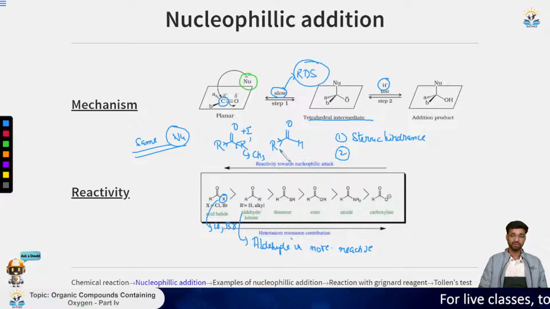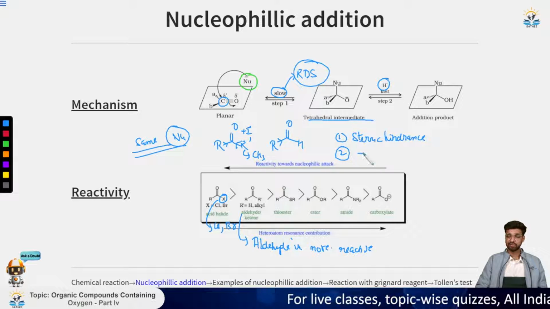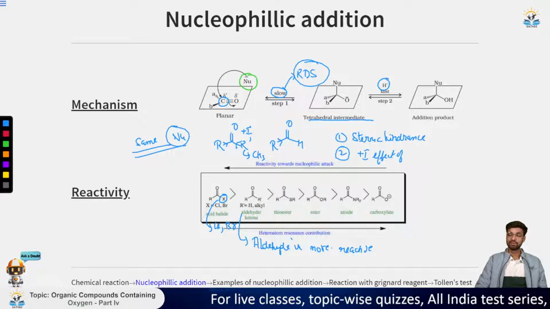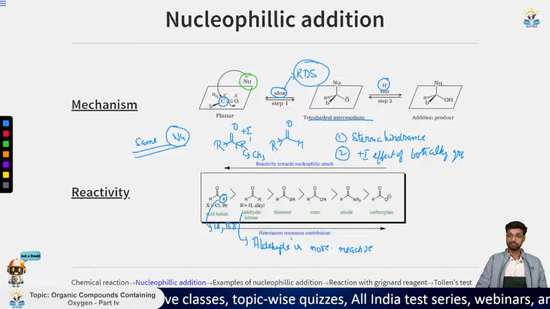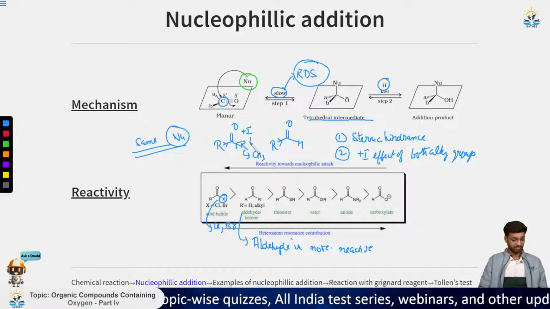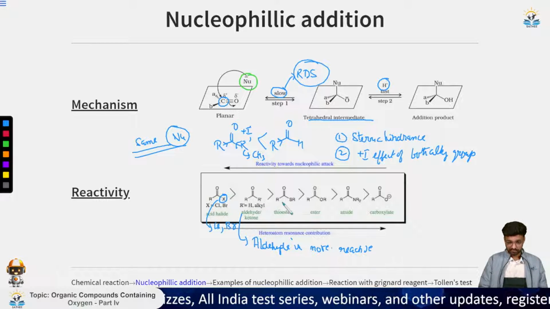So the attack of the negative charge will become less feasible in the case of ketone. So the second is the plus I effect of both alkyl groups. These are the two reasons due to which aldehyde is more reactive than ketone.